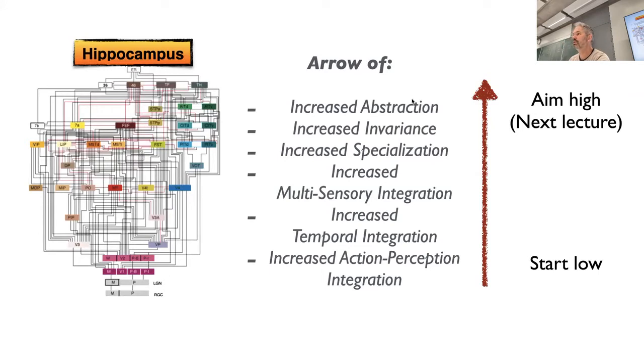So it becomes invariant to specific locations. And I have a whole list here, right? So what I say there, increased invariance is invariance to where a specific stimulus is. A specific neuron that likes faces is so high up this visual hierarchy that it will respond to a face regardless of where it specifically is in the visual field.